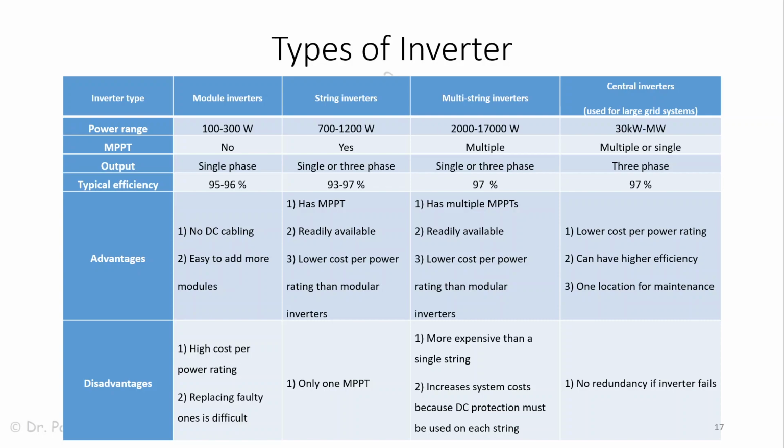It has been compiled beautifully. I want you guys to focus on this table. This table is very important. Please spend a few minutes on this table and then we will move forward.